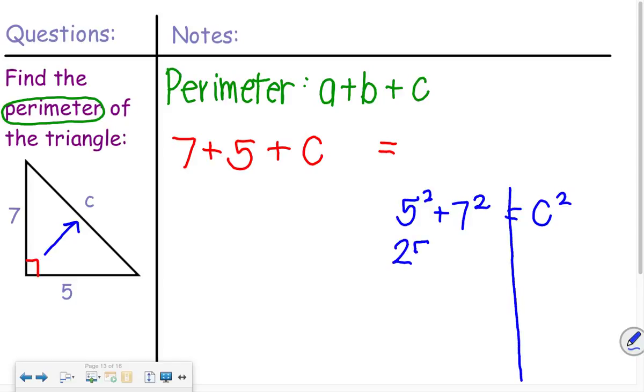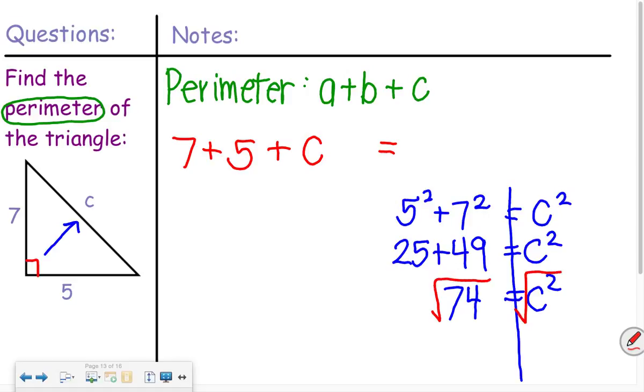5 squared is 25, 7 squared is 49. If I add 25 and 49, I get 74. If I square root both of those, I end up with C equals 8.6.